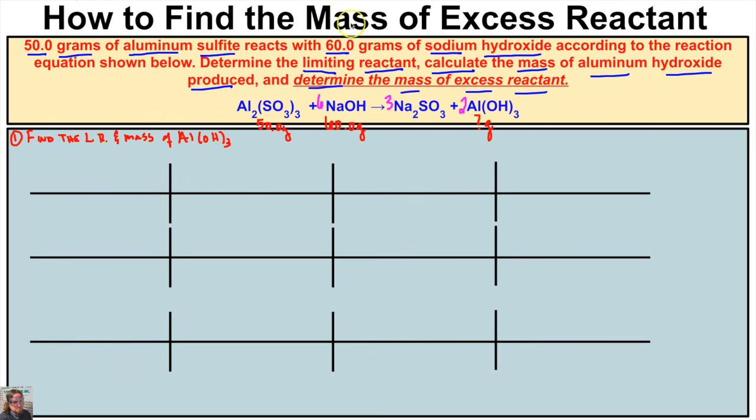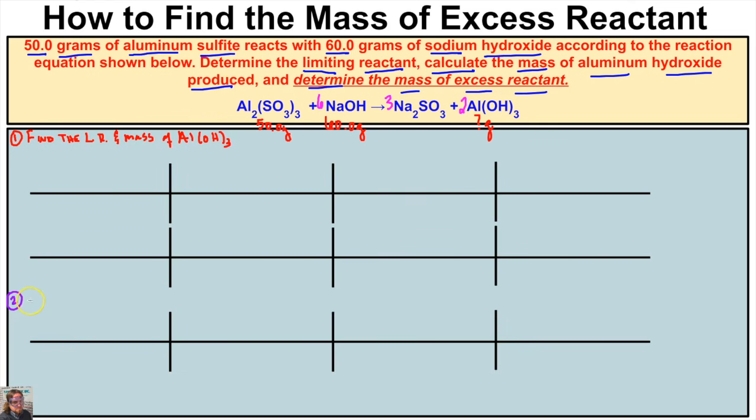Once we're done with this step, what we can then do in step two here is we can use the initial amount of the limiting reactant to determine the mass of the excess reactant that was consumed during the chemical reaction.